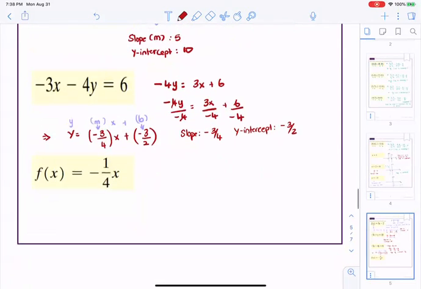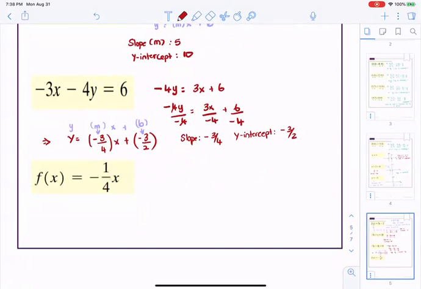So the last problem, you look at it and you say, oh, that doesn't even look like mx plus b. Well, the first thing that you've got to realize is anytime you have f of x, it refers to y. So this is simply y equals negative 1 over 4 x. But then you see that there is no b. If there is no b, it is the same as saying y is equal to negative 1 over 4x plus 0.